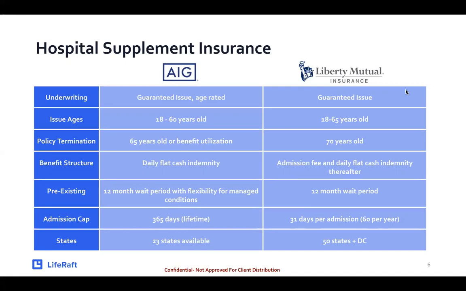But if you have clients that are diagnosed with serious sicknesses and are in the hospital for 90 days, the AIG product will pay them the cash benefit every single day for that 90 days that they're in a hospital. Liberty is going to be a little bit different. There is a 31-day cap on admission with a 60-day cap per year, but that product will renew even if your clients are utilizing it.